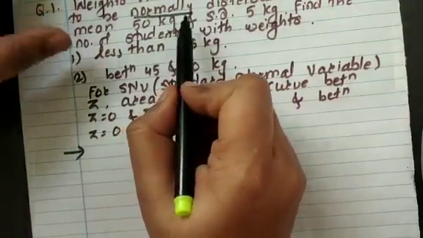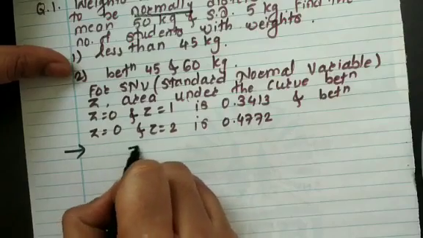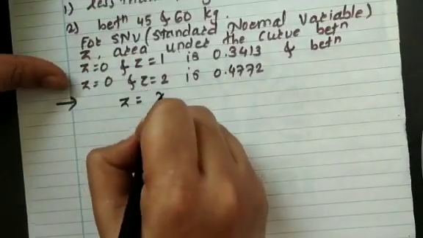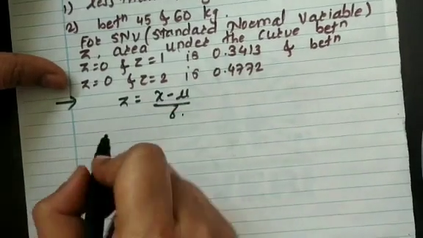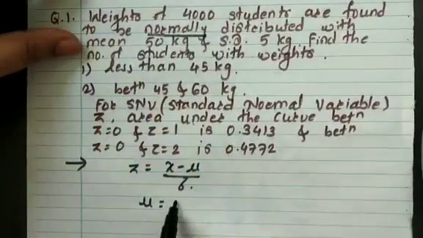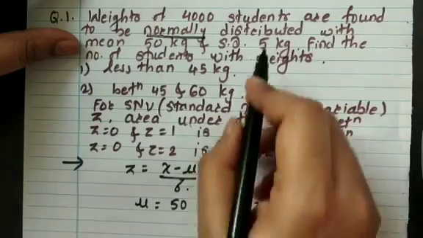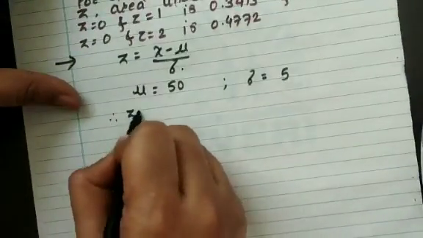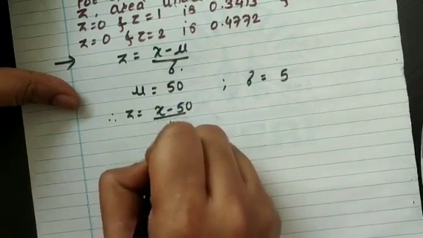As it is to be solved by normal distribution, we know Z is equal to X minus mu upon sigma. Mu is nothing but mean, and mean is given as 50 kg. Sigma is nothing but standard deviation, it is 5 kg. Therefore Z is equal to X minus 50 upon 5.